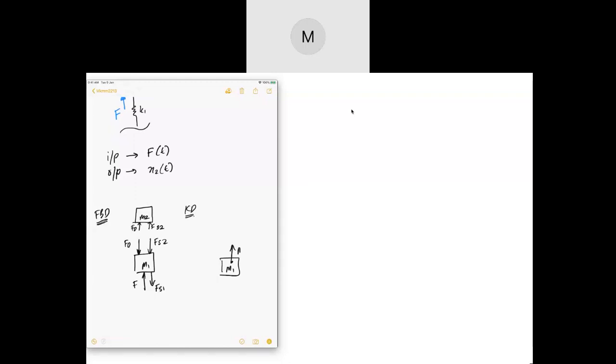So force Fm1 wants to go up. And then similarly for my kinetic diagram, for mass 2, Fm2 also wants to go up.